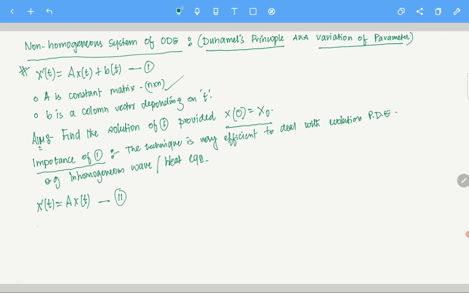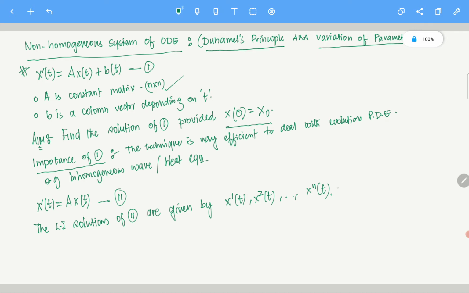Let's say the linearly independent solutions of 2 are given by x1(t), x2(t), up to xn(t). Clear? So there are n linearly independent solutions.